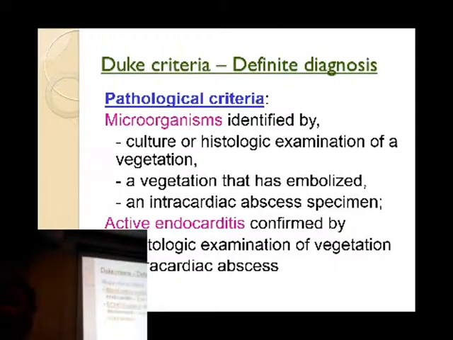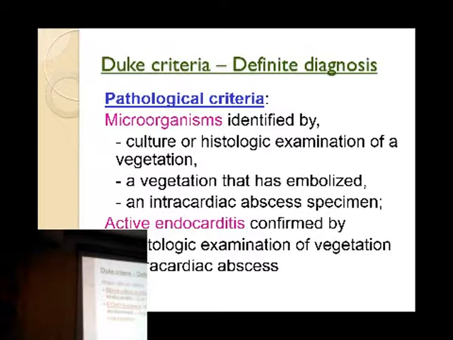When you take major clinical criteria, both should be there to call it a definitive diagnosis. Positive blood cultures in 2 collected samples, or echocardiographic evidence of presence of vegetations, or a new valve regurgitation will confirm a definitive diagnosis.